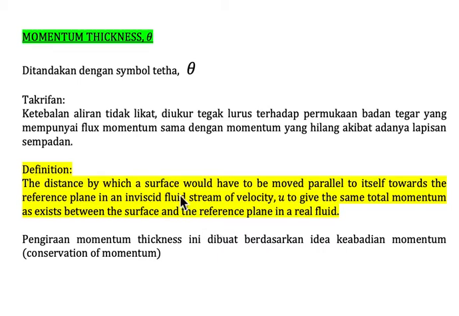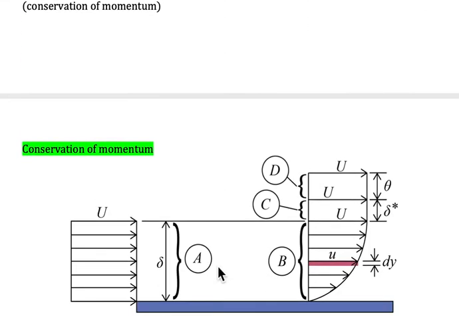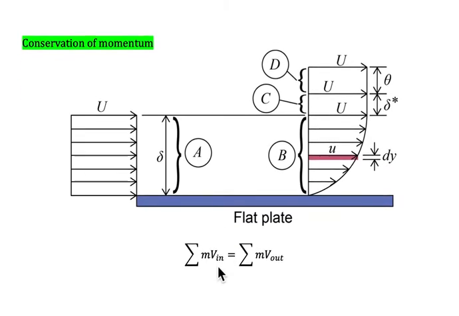So to simplify this definition, we could say that we need to give another thickness to make sure that this equation will fulfill the conservation of momentum. It will depend on the same diagram as we discussed for displacement thickness.